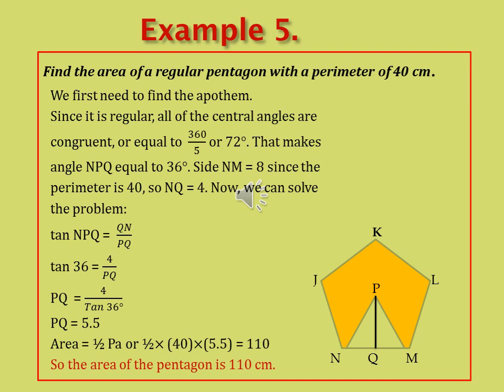So now we can use a half base times height, times the number of sides we have, to get the area. And in this case, the area of the pentagon becomes 110 centimeters squared.